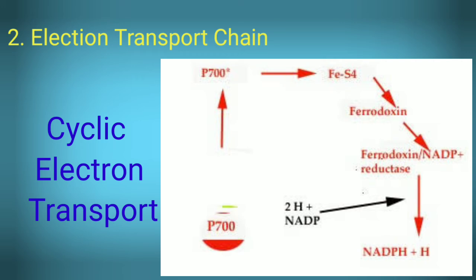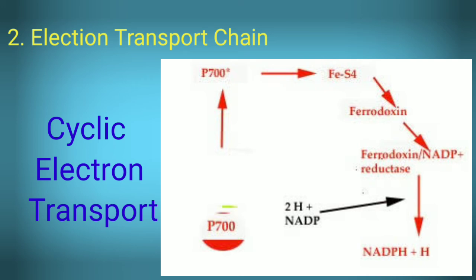The primary electron acceptor is an unknown compound X or Z, which then transfers the electrons to ferredoxin. See, from this chlorophyll A, written as P700, the electron acceptor throws the electron to another unknown compound, termed X or Z. Now the same process takes place.